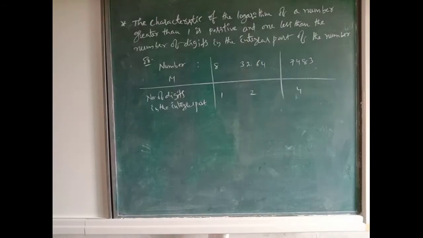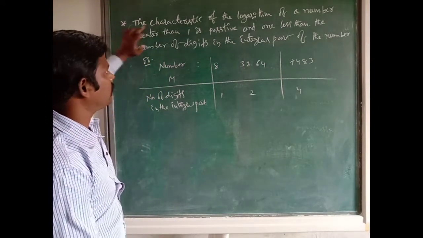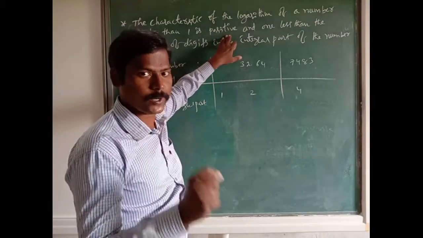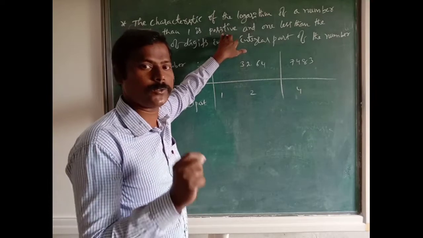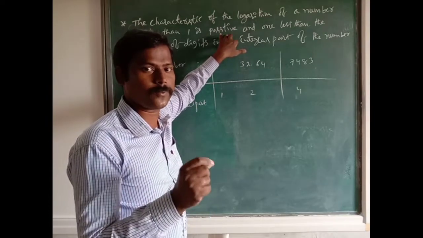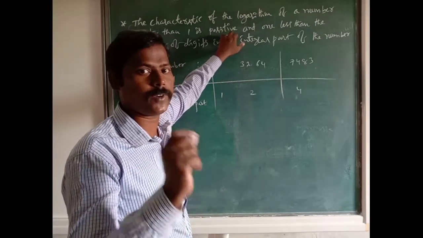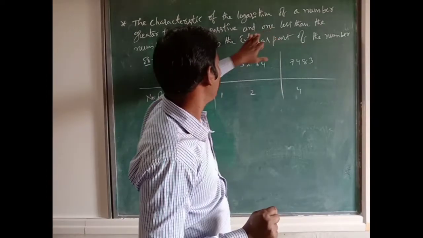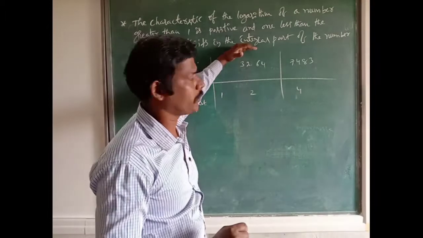So look at the board. The characteristic of the logarithm of a number greater than 1 is positive. Very important, students, on how to find the characteristic of a logarithm of a number greater than 1. It is always positive. Remember. Next, it is 1 less than the number of digits in the integral part of the number.